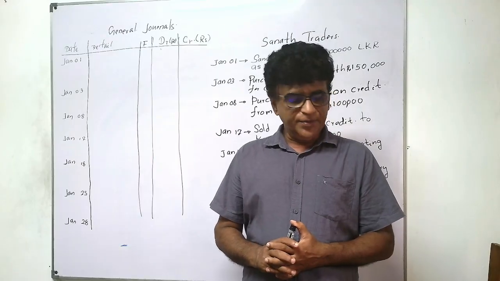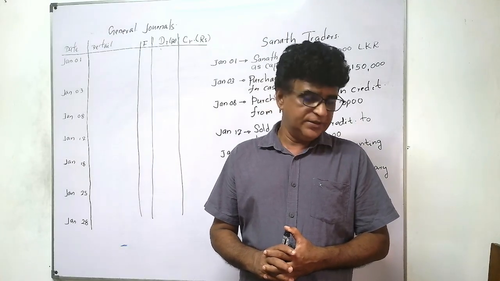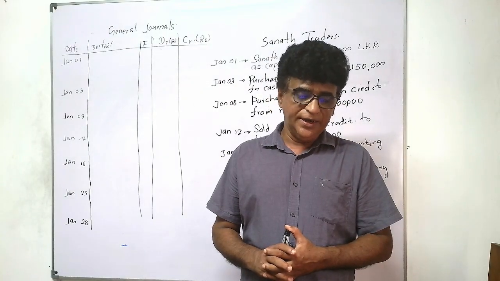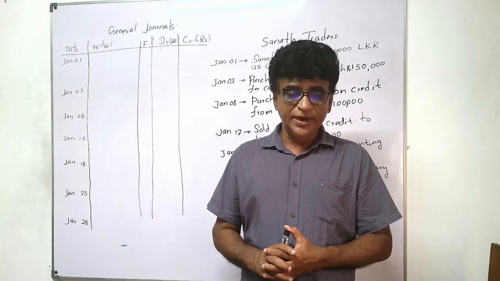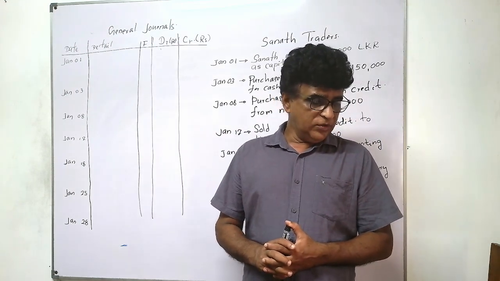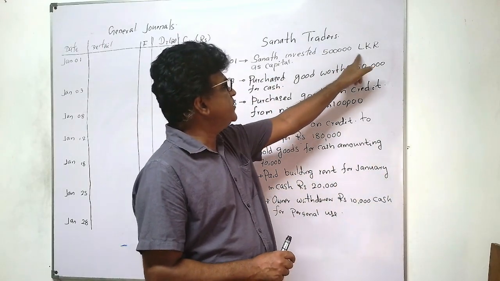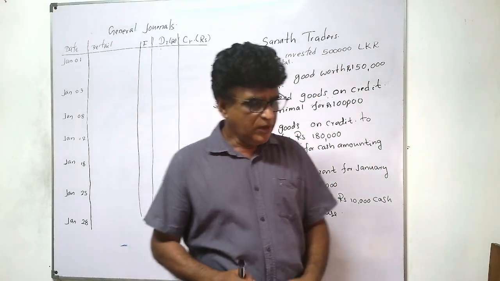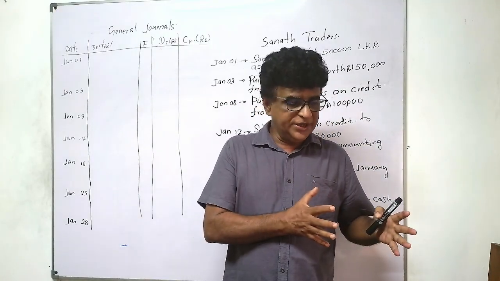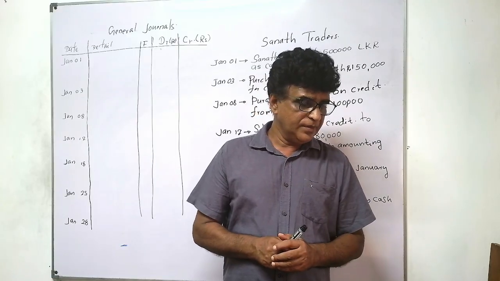In the double entry policy, there are two entries for each transaction. One account is to be credited, the other account is to be debited, right? That is the double entry rule. Now the first transaction is the owner invested 500,000 LKR. Once the owner invests, the business receives money, right?